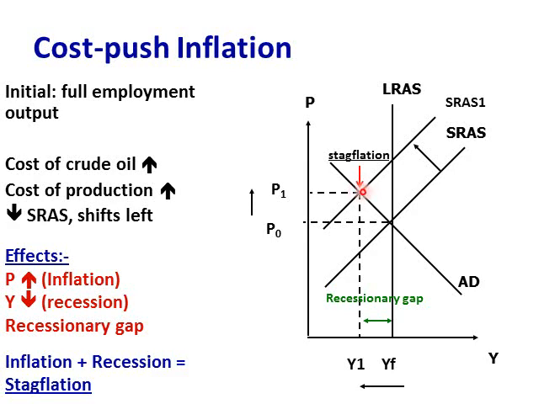Now this point has a name. It's called stagflation. Stagflation is a combination of the words stagnation, which means that your output is falling, and inflation, which means that your price level is rising. You can see when your equilibrium point changes after the SRAS curve shifts to the left, your new equilibrium point is here.